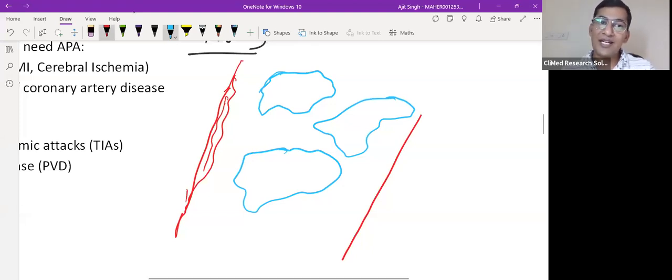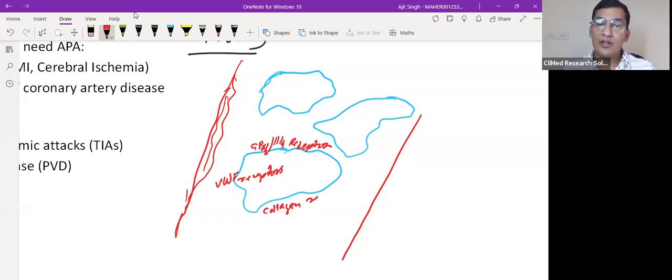So on the platelet surface, look at this, very important, there are GP2b3a receptors, von Willebrand factor receptors, and collagen receptors. Receptors on the platelet surface.